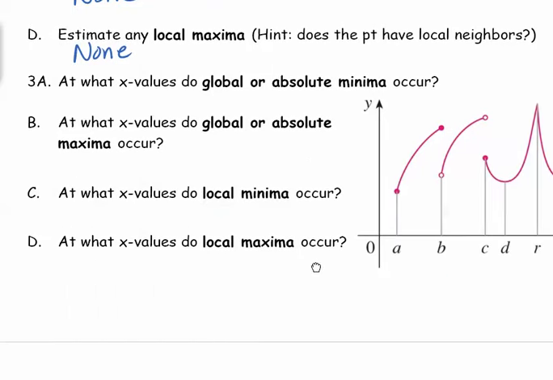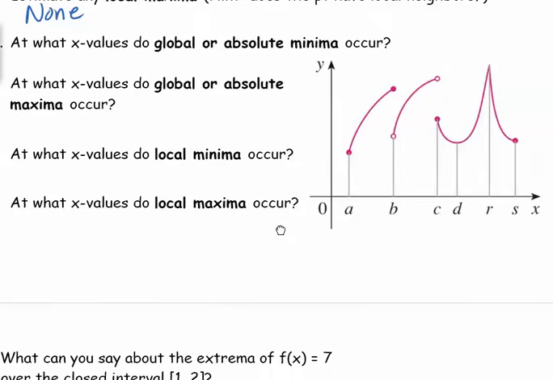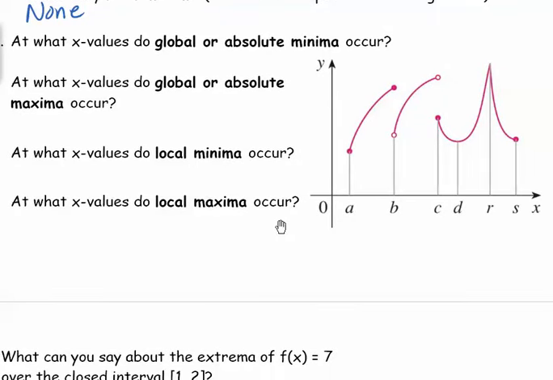All right, so in one more case here, we want to do global or absolute minima first, and it looks like this point is a little bit lower than the others. So notice how this reads differently. At what x values do they occur? And we don't even have any coordinates on the y-axis.